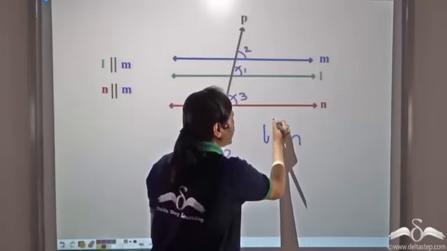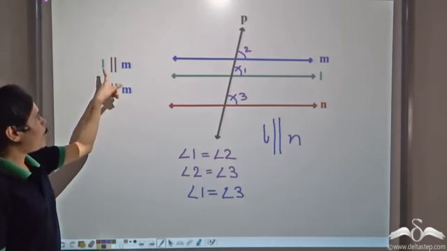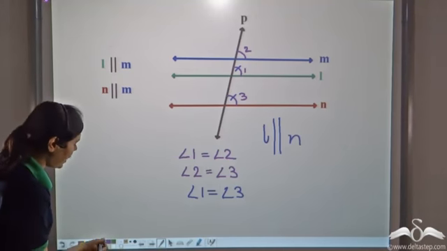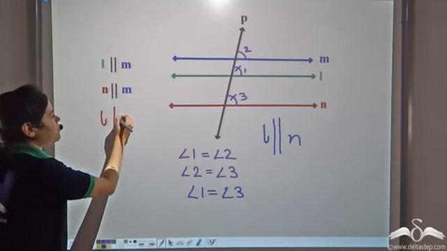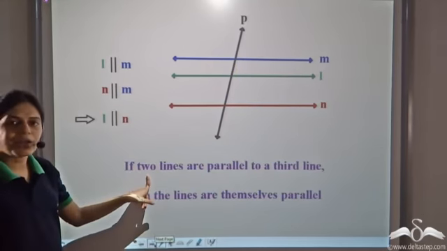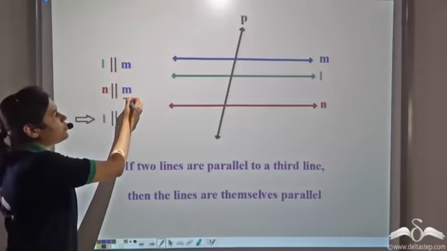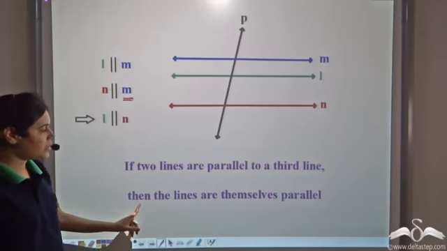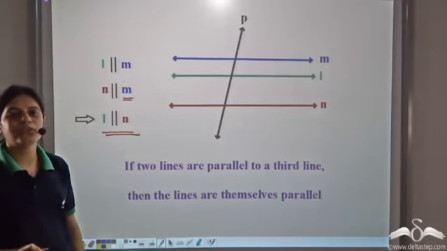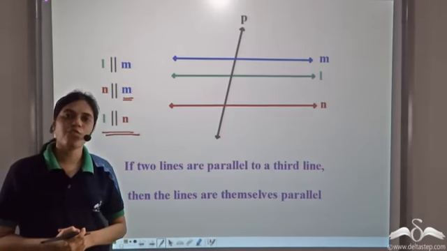So we can say that L is parallel to N. So L parallel to M and N parallel to M implies that L is parallel to N. Or we can say that if two lines are parallel to a third line, so L and N parallel to a third line M, then the two lines are themselves parallel. And it has been proved using conditions for parallelism.